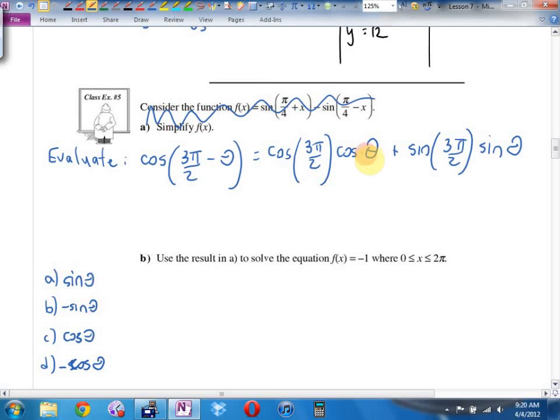Do you know what cosine of theta is? No. But do I know what cosine of 3 pi by 2 is? Yeah. 3 pi by 2 is right there. What's the cosine of that angle? Now remember, cosine is your x-coordinate. So what is your x-coordinate if you're right there?